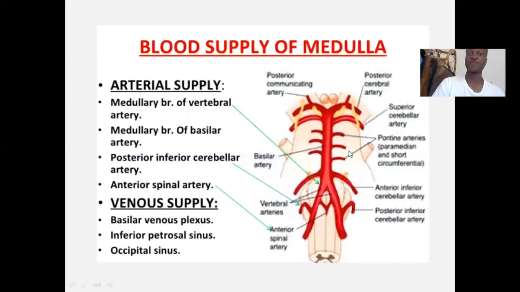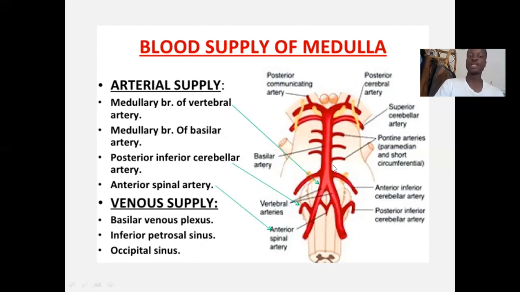So the blood supply for the medulla will actually come from branches of the vertebral as well as branches of the basilar artery. You're also going to see some paramedian branches that come from the anterior spinal artery, right? And some branches that come from PICA, your posterior inferior cerebellar artery, which is the largest branch of the vertebral arteries.